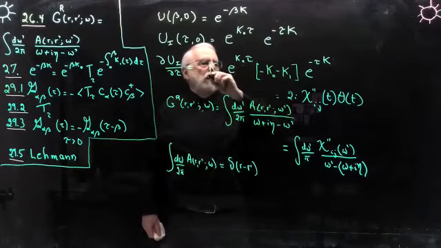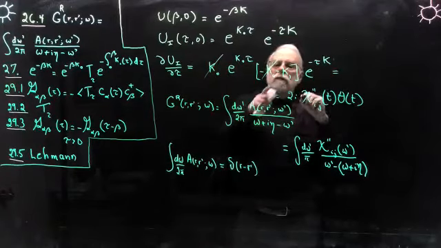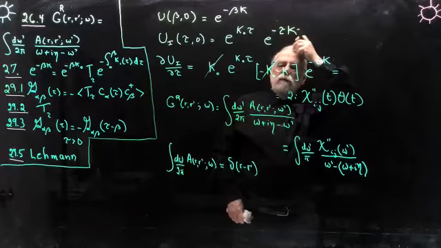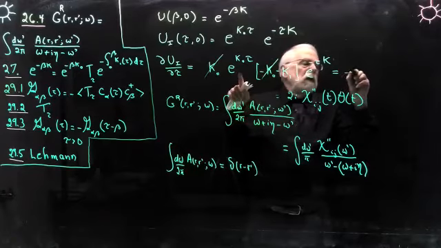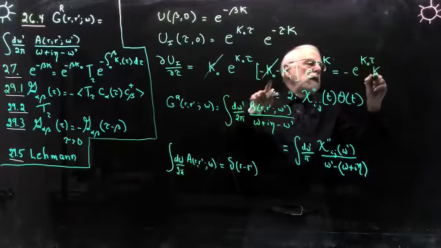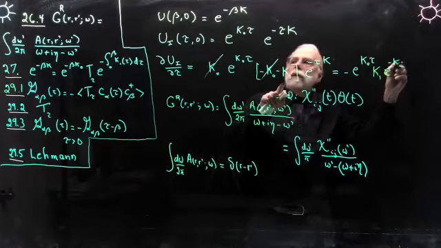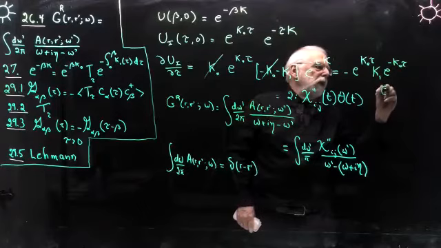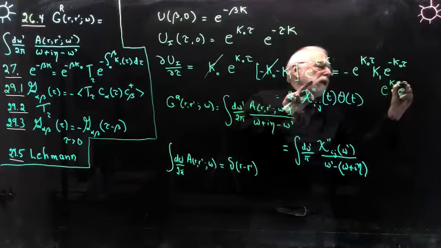So these K0 drop out, and I'm left with minus e to the K0 tau times K1 times e to the minus K0 tau, sort of running out of place, e to the K0 tau times e to the minus K tau.